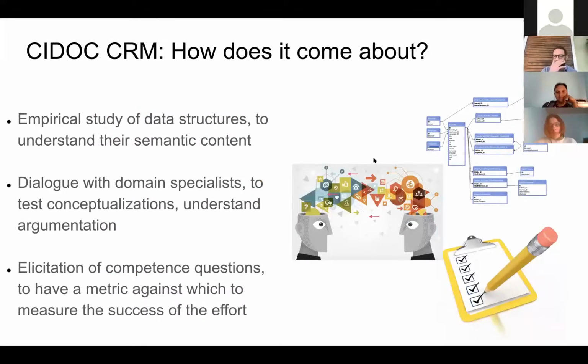So this comes about, again, empirically. It's in conversation with specialists like yourselves who are trying to represent certain data that we come up with the classes and relationships. And another thing that we try to do in an actual implementation of CIDOC CRM is that you would create competence questions.